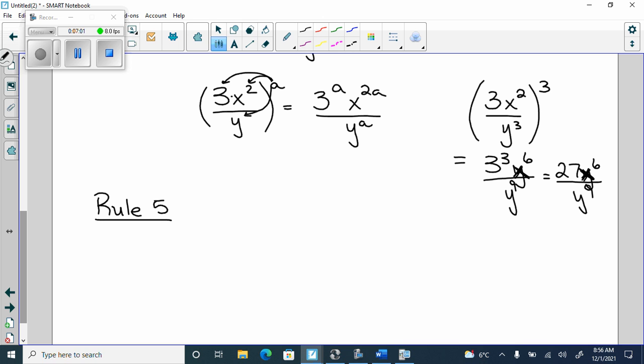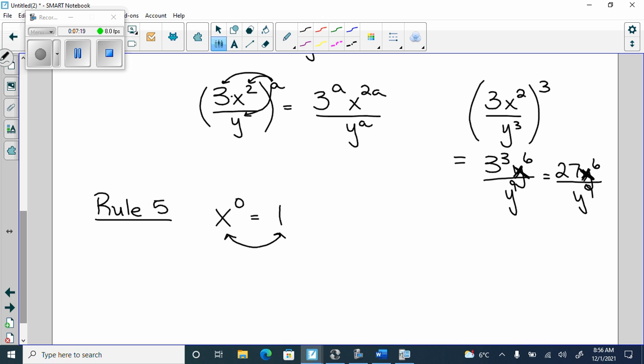So everyone's really good at this rule usually. X to the 0. What does that equal? 1. Everyone's good at going this direction. Everyone forgets you can go this direction as well. Why would you ever want to do that?